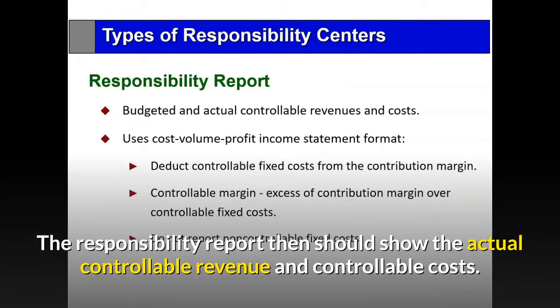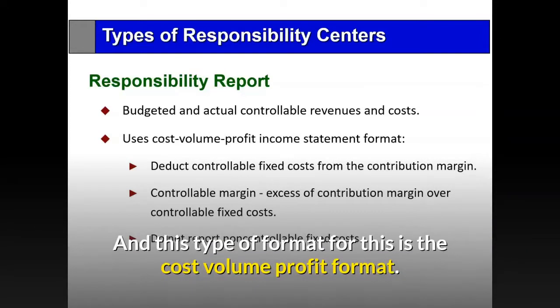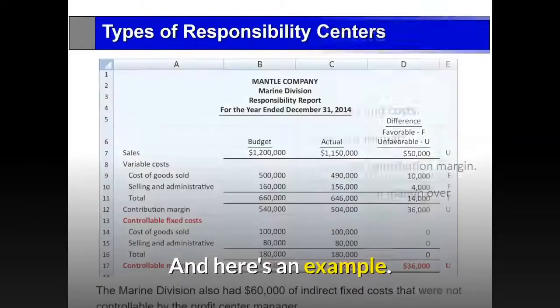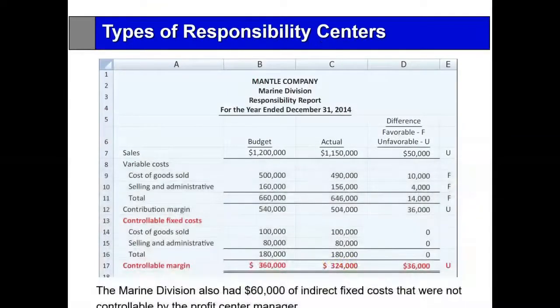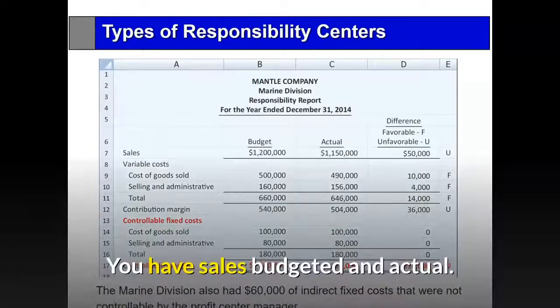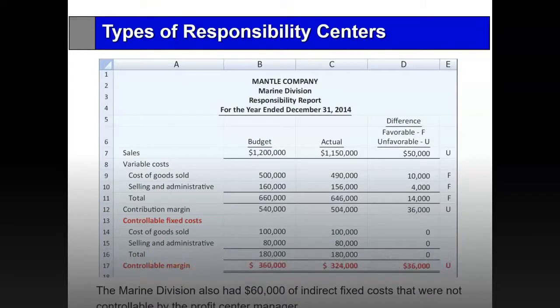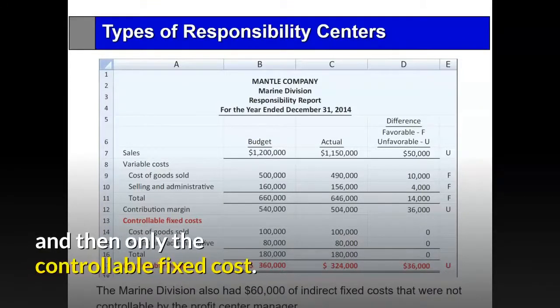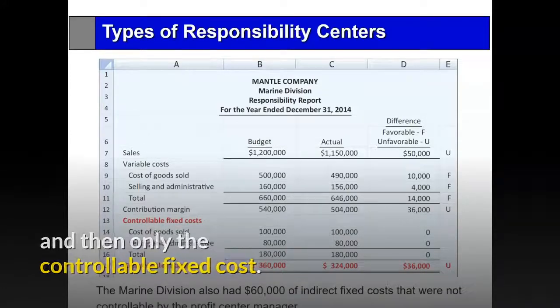The responsibility report then should show the actual controllable revenue and controllable costs. And the type of format for this is the cost volume profit format. And here's an example. Marine division, you have sales, budgeted and actual. Then you have the variable costs, which would be controllable by the manager, and then only the controllable fixed cost.